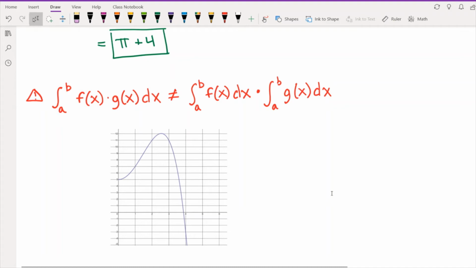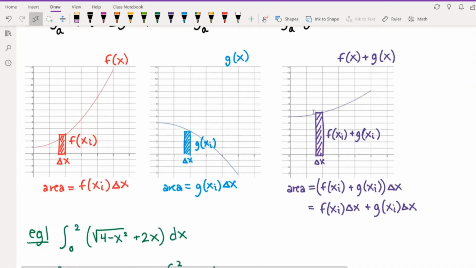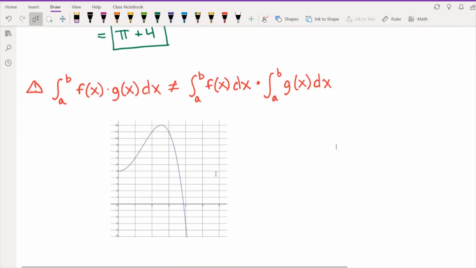But let me just quickly show you something using the same reasoning that we did up here. So if we have two functions, f of x and g of x, it is true that you can make a new function, f of x times g of x, by multiplying them together. And that's actually what this purple function is here. This is the function f of x times g of x. So if we were to make a similar rectangle to what we did in the last example, this would be our rectangle where the width was delta x and the height was f of x times g of x.